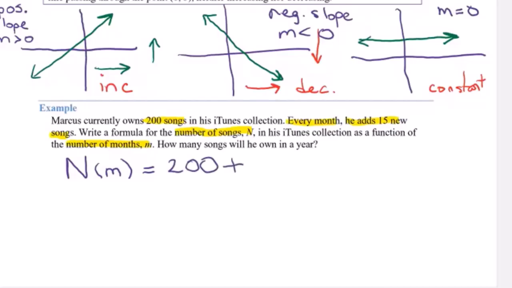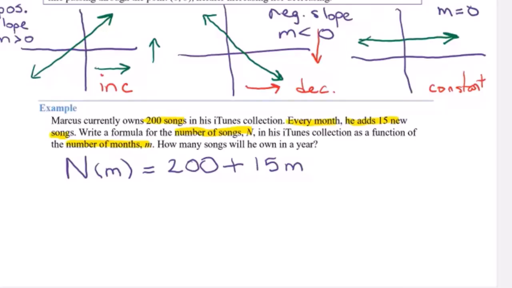And then every month, he's going to add 15 songs. So in the first month, he's going to have 215 songs. The next month, he's going to have 15 more songs. So he would have 230. Basically, what we're doing is we're going to multiply 15 times the number of months that he is accumulating more songs. Okay.